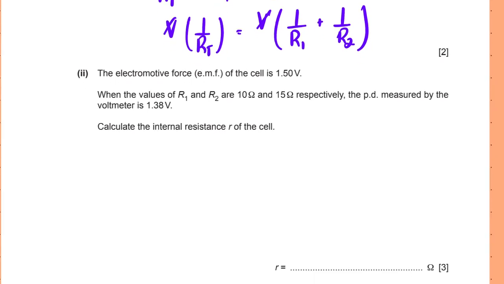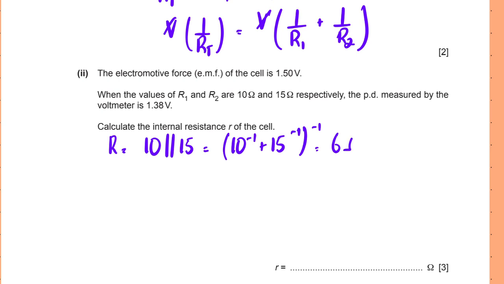So first let me do the resistance of 10 in parallel with 15, right? So I write it like this, 10 inverse plus 15 inverse. So this turns out to be what? Let's see. This is 6 ohms.